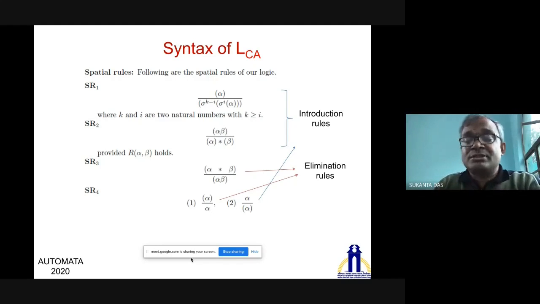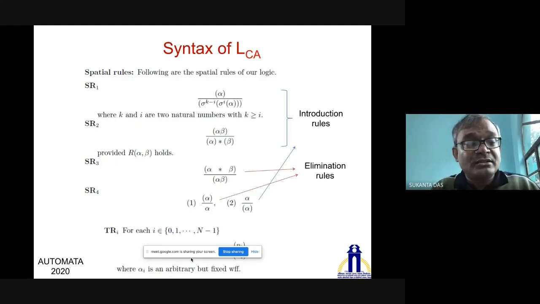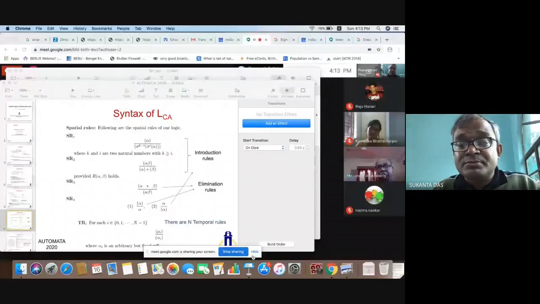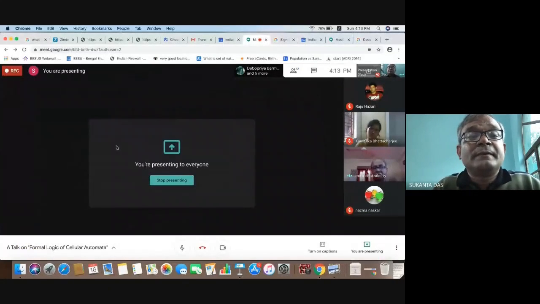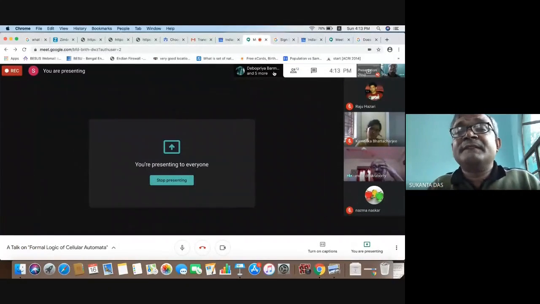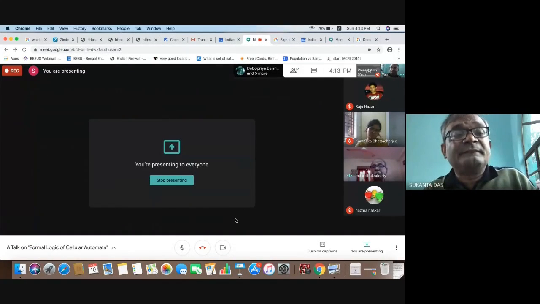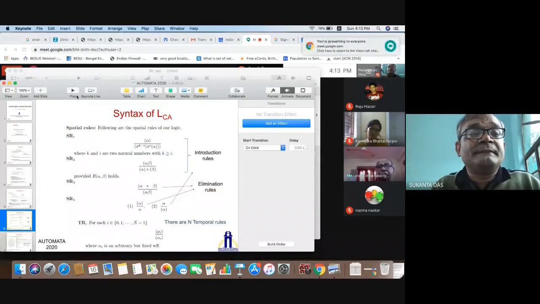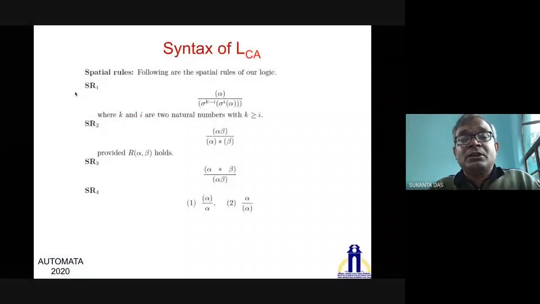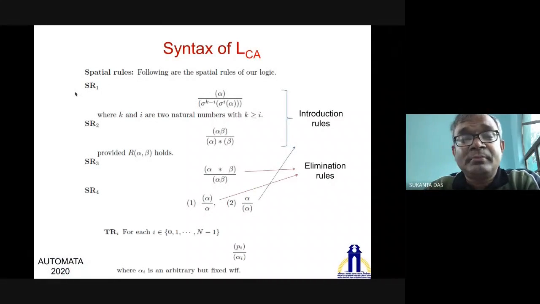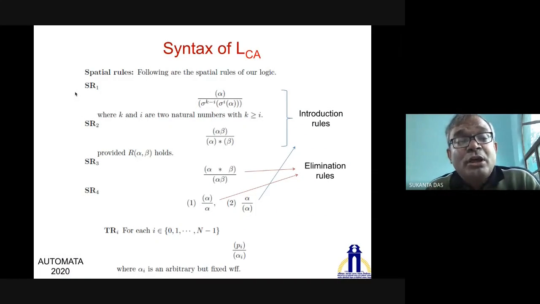So these are the spatial rules, and apart from that, there are some temporal rules. So we have temporal rules. Here i is from 0 to n minus 1.